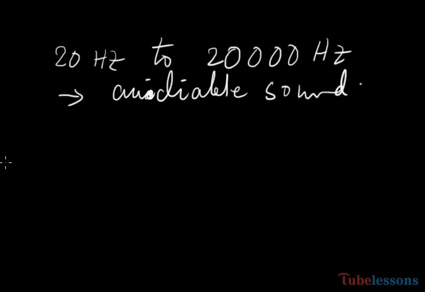If the frequency of the sound lies between 20 Hz to 20,000 Hz, that will be heard by the human beings, and this is the frequency range of the audible sound.